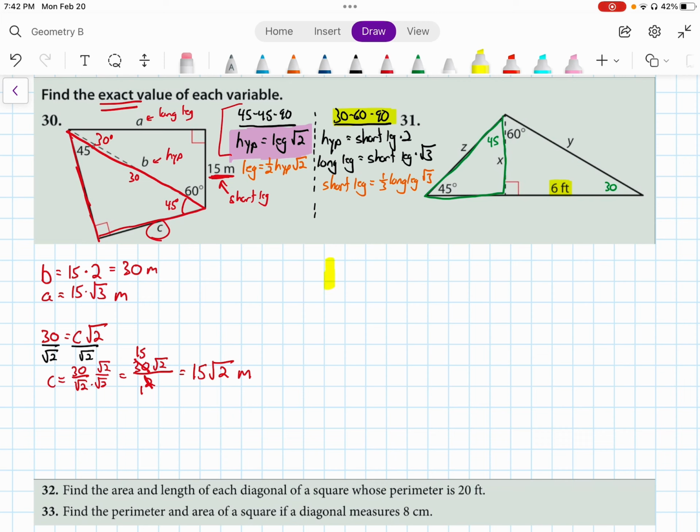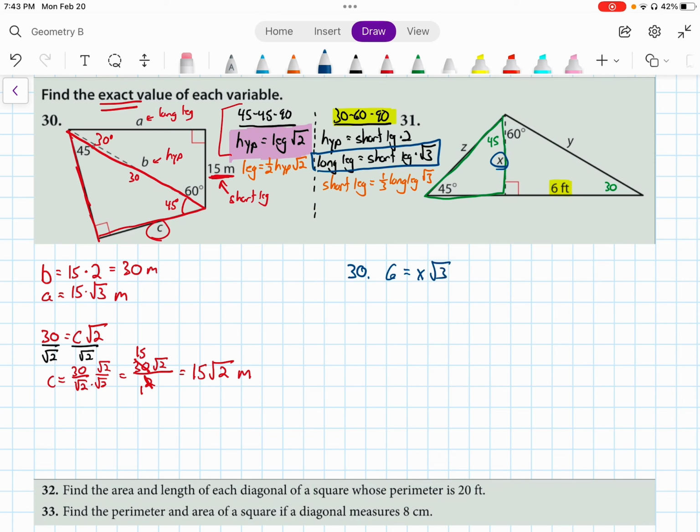We know the longer leg, and so we have to use this formula to help us find the short leg. So long leg is 6 equals the short leg, which is x, times the square root of 3.